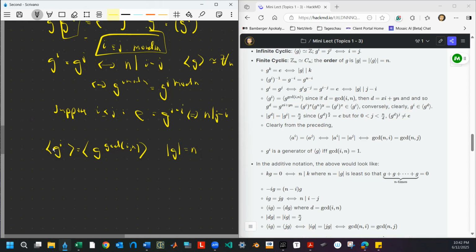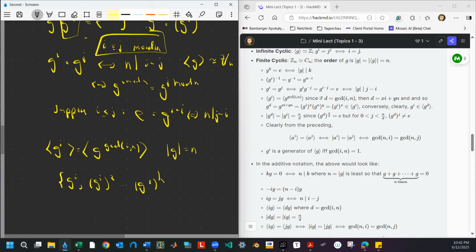So I generate by g^i here. What do we have when we generate? We get g^i, g^(2i), and so on, up through g^(ki).